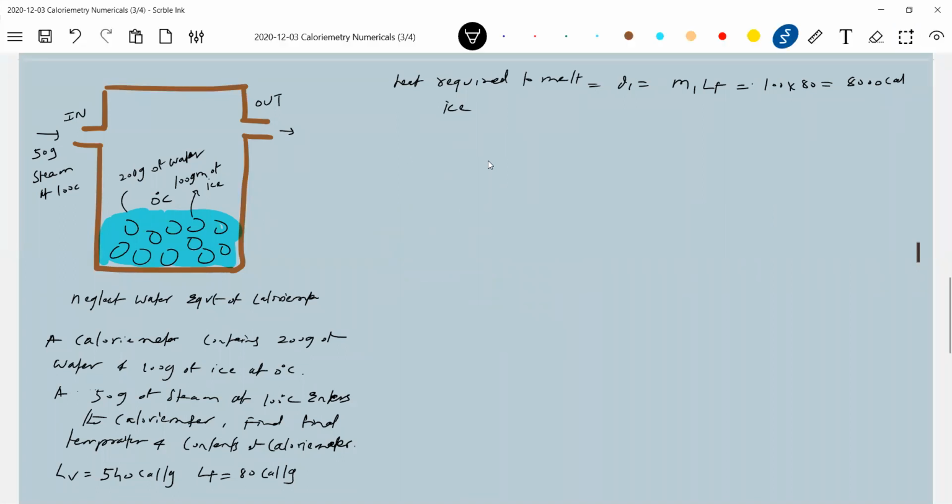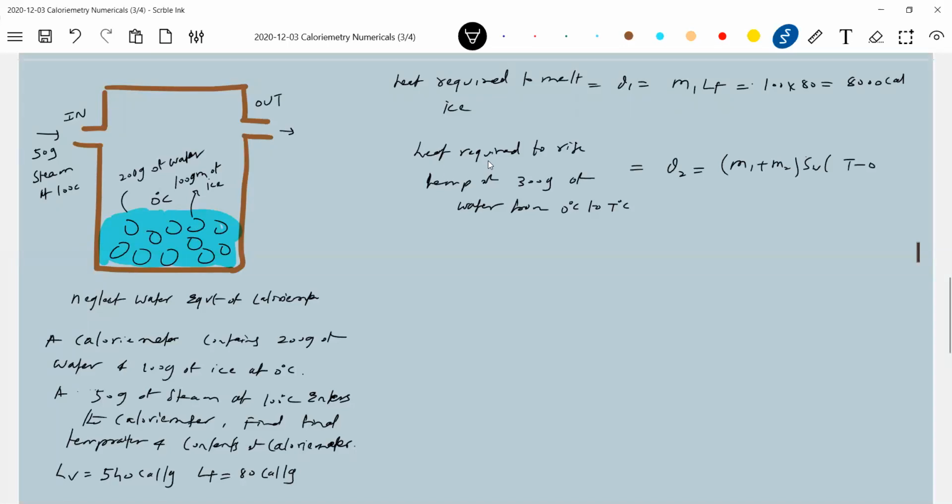Okay, now the heat required to raise the temperature of 300 grams of water from 0 degrees Celsius to T degrees Celsius. I'll call this Q2. And this should be (M1 plus M2) times specific heat times (T minus 0).